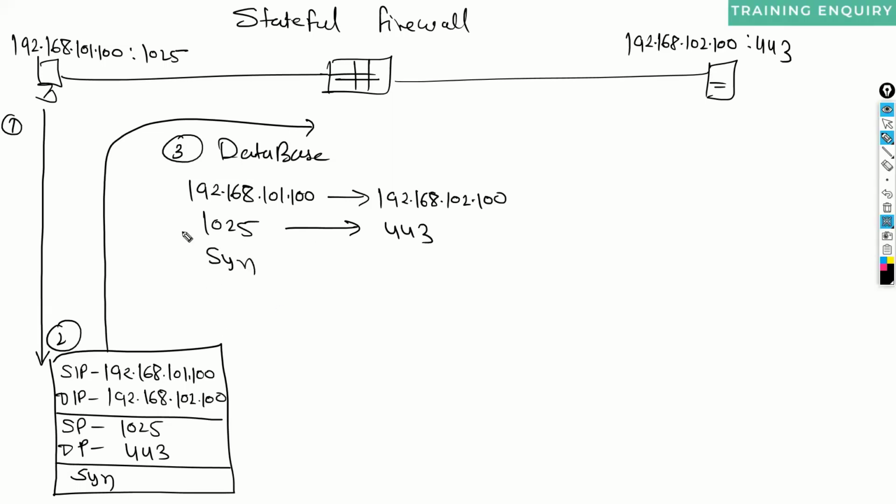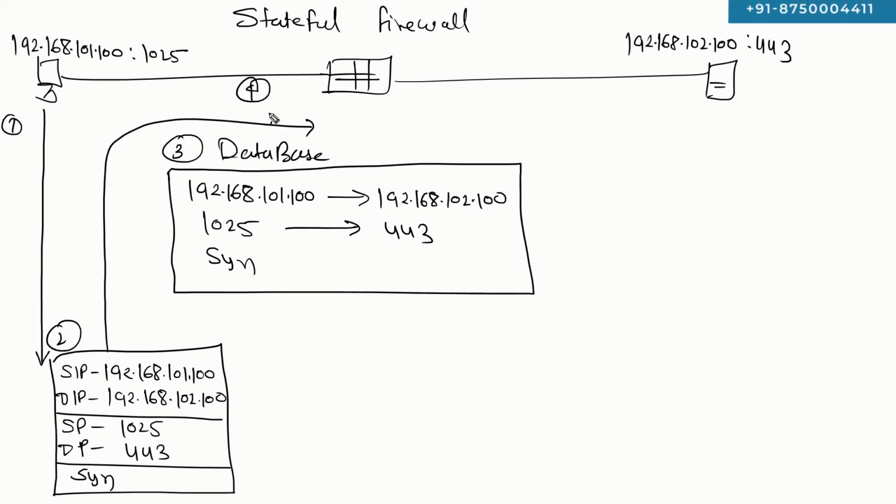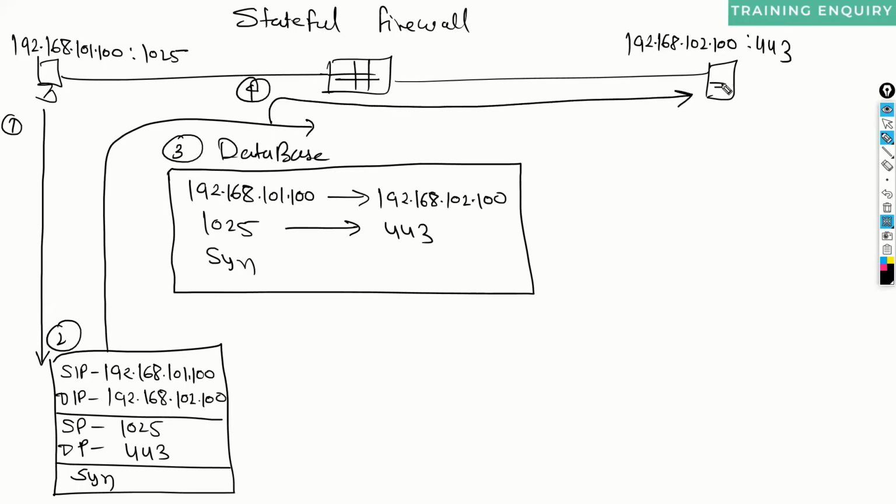First traffic is this, then definitely a SYN packet is there. Such kind of information will be maintained by the firewall. Then in the fourth step, packet will be forwarded to the server. Clear? Now, server will generate a reply packet.